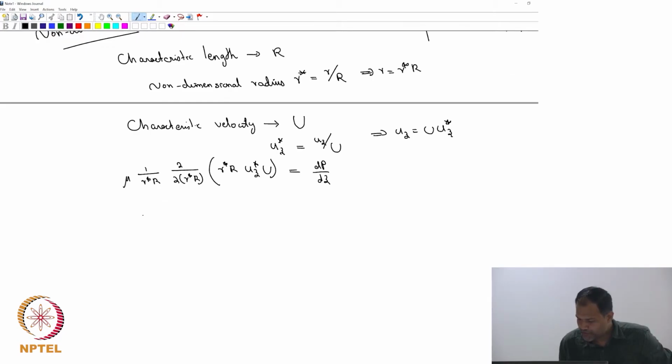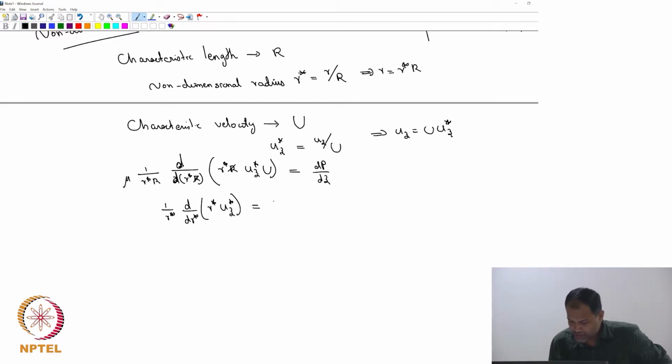So, what do you end up with finally? This also is really an ordinary derivative, I do not have to maintain the partial derivative. 1 by r star, d by dr star of r star uz star, is equal to, this r and that r can go, there is an extra r there.